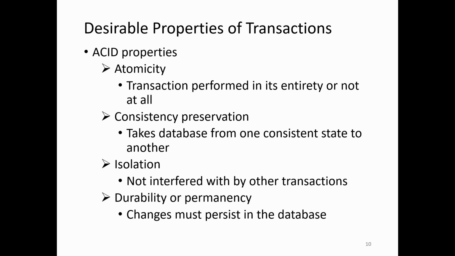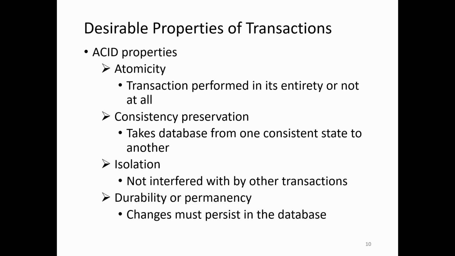The first ACID property is atomicity. What is atomicity? The transaction should be performed completely or not performed at all. We know that a transaction may consist of a number of operations. So a transaction performed completely means all the operations of the transaction should be completed.